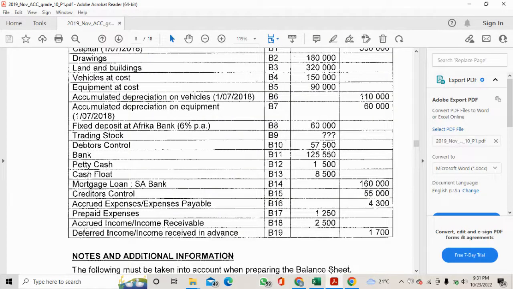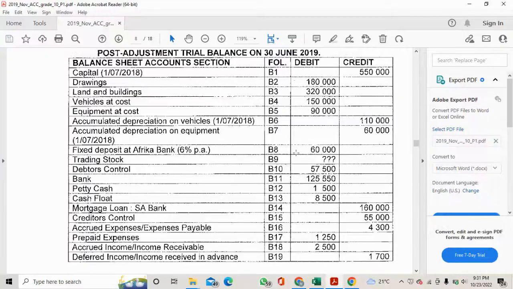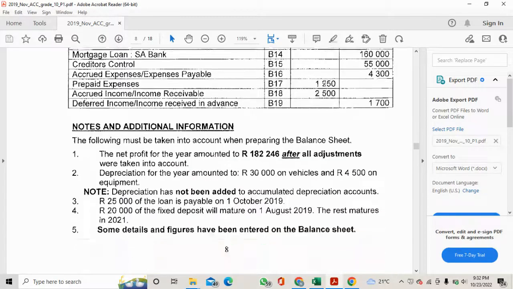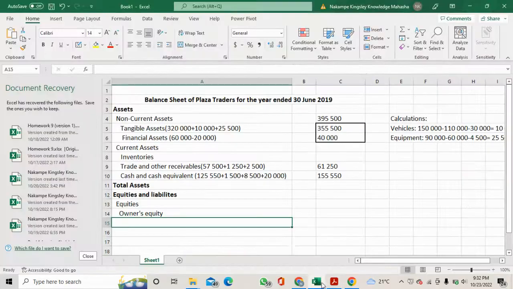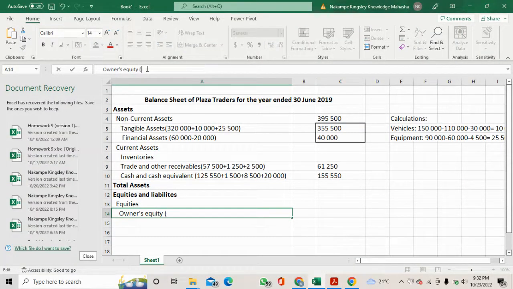But in this case, we have enough information to calculate it. We have our capital at the beginning of the year. They didn't tell us that there was any capital contribution. We have drawings, which we have to subtract, right? And lastly, they gave us the profit, which we're going to add. So let's add them under our owner's equity.